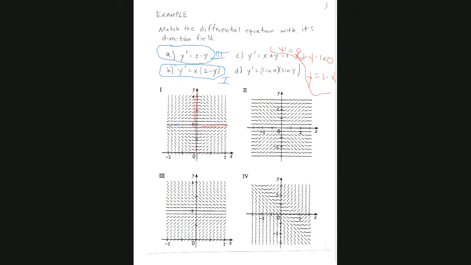So y prime for this third differential equation, y prime equals 0 when y equals 1 minus x. 1 minus x is a line whose y-intercept is 1 and has a negative slope.